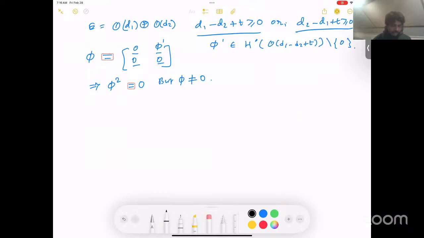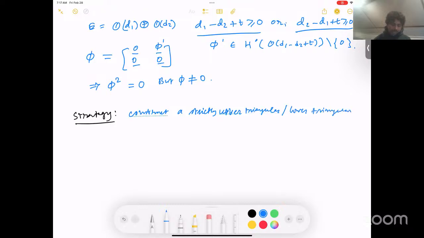So it actually gives us our strategy of creating these non-zero nilpotent Higgs fields that construct a strictly upper triangular or lower triangular twisted bundle morphism.